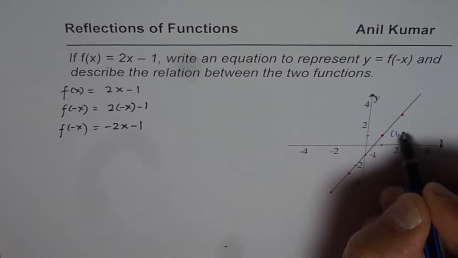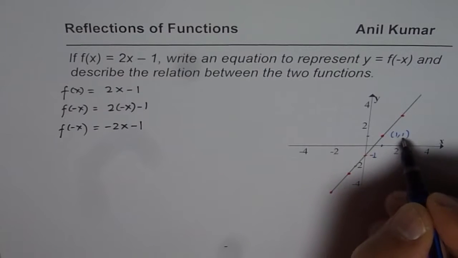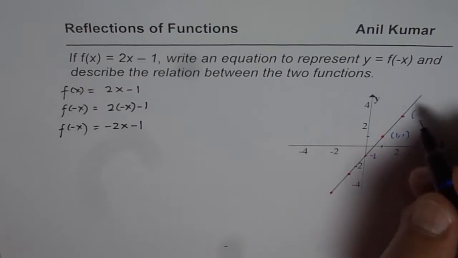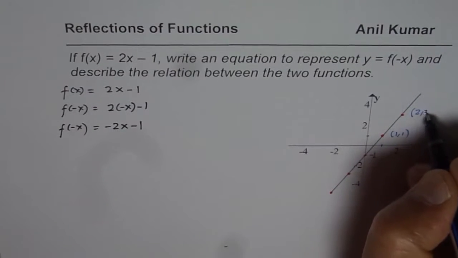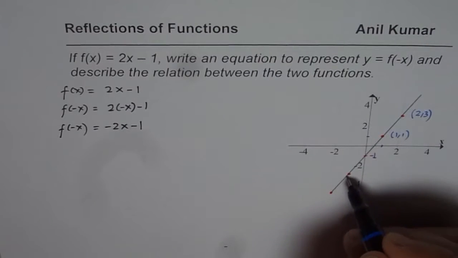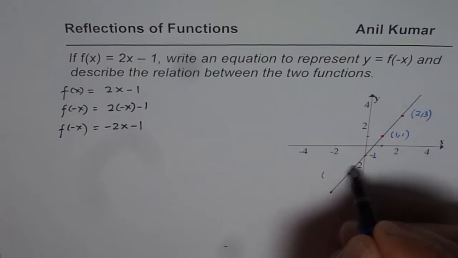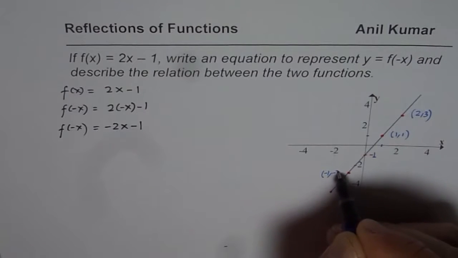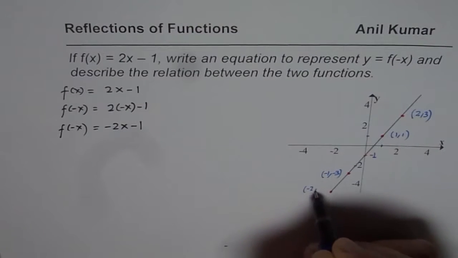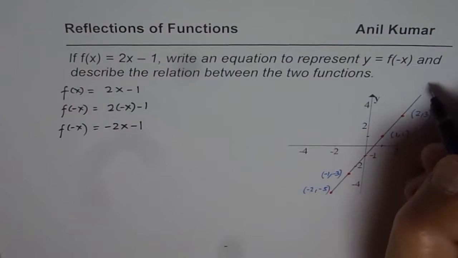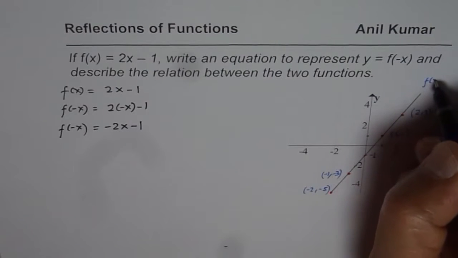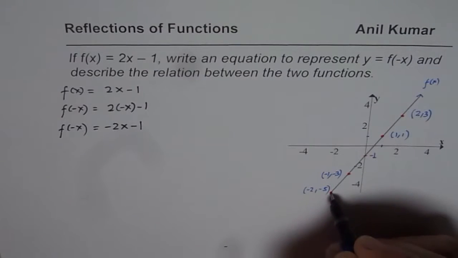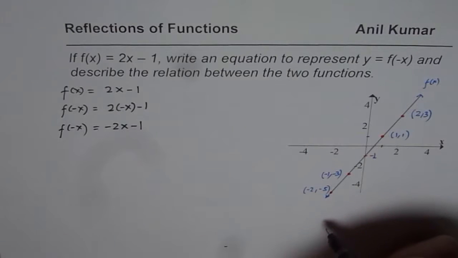So this is 1, 1. And then the next one also increases by 2 times. That is the meaning of slope, right? So 2, 3. Similarly, if we decrease both, then at minus 1 it is minus 3, and at minus 2 it is minus 5. So these are the points on the function f of x, correct? So it's a line which extends both sides.